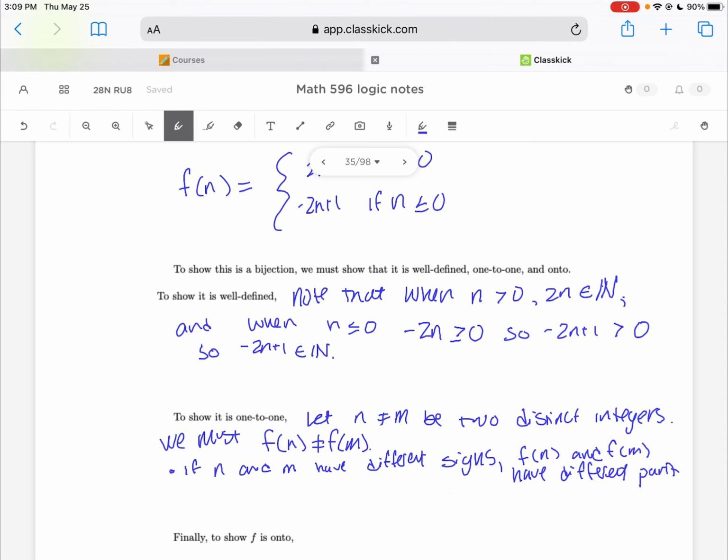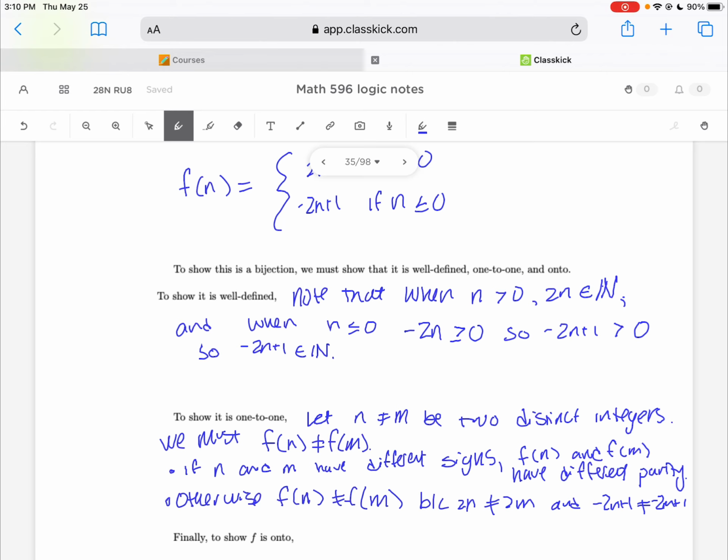And on the other hand, if you take two inputs that are both positive or you take two inputs that are both negative, then again, it's clear that f of n and f of m are not equal to each other, because we'll either have 2n is not equal to 2m when n is not equal to m, and negative 2n plus 1 is not equal to negative 2m plus 1 when n and m are not equal to each other.